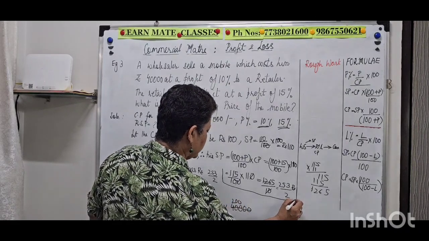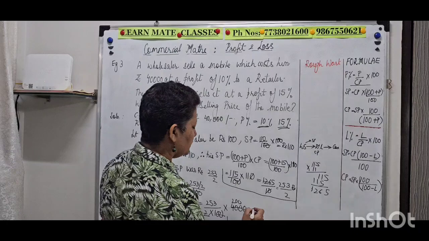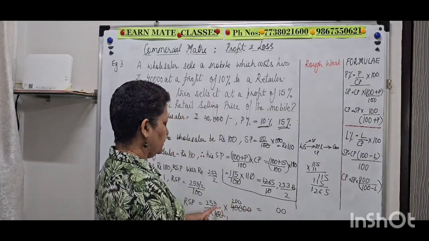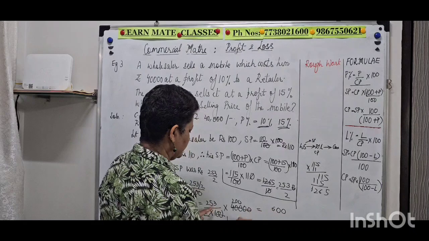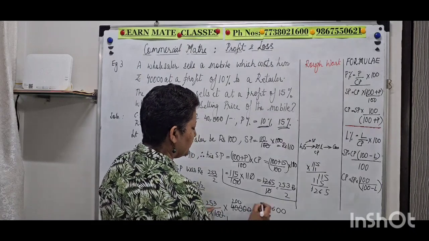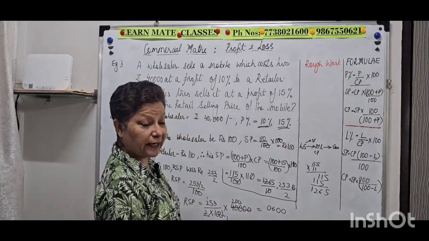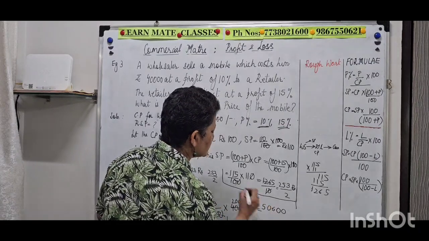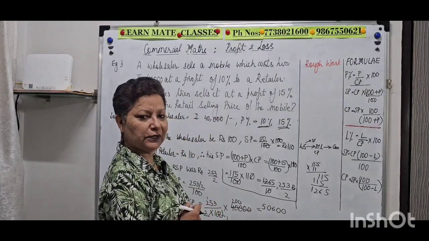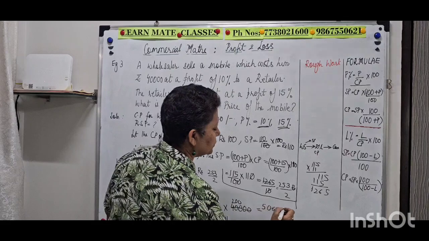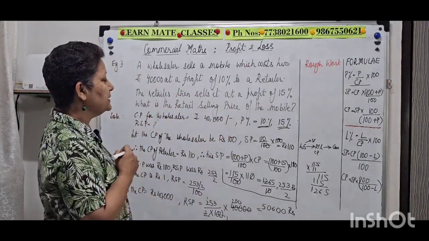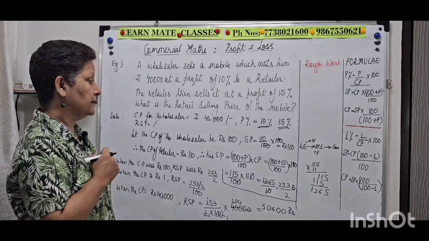Now I need to multiply 253 into 2, and otherwise I have a 0 and 0. 2 into 3 gives me a 6. 2 into 5 gives me a 10, which gets carried over, and 2 into 2 gives me a 4 plus this. So this is 50600. So that would be the retail selling price for the retailer.